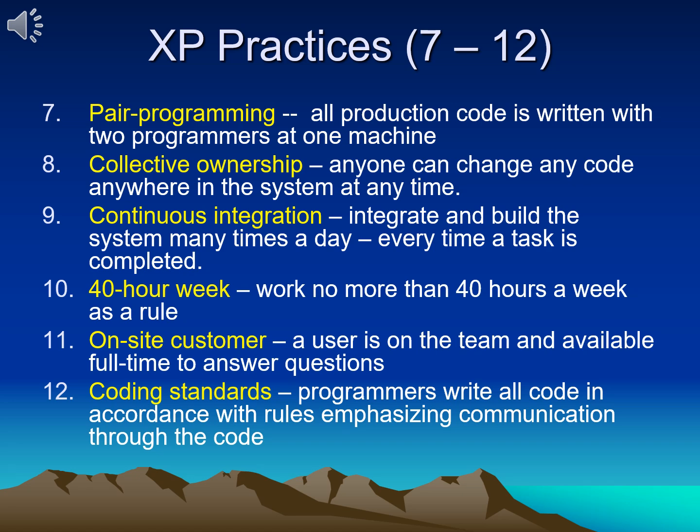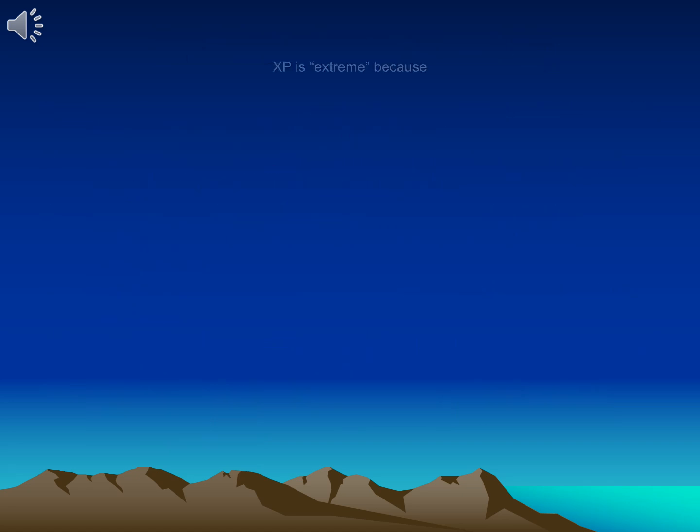A customer representative is part of the development team, providing immediate feedback and clarifying requirements in real time. Coding standards. All team members follow a shared coding style, emphasizing readability and maintainability. By following these practices, XP fosters an environment where collaboration, simplicity, and quality take precedence.